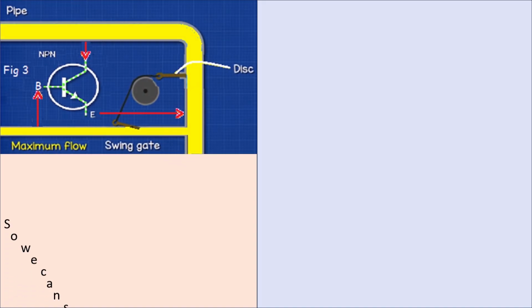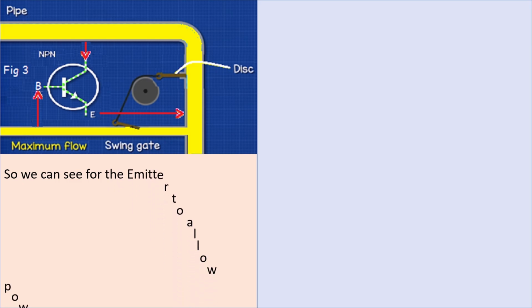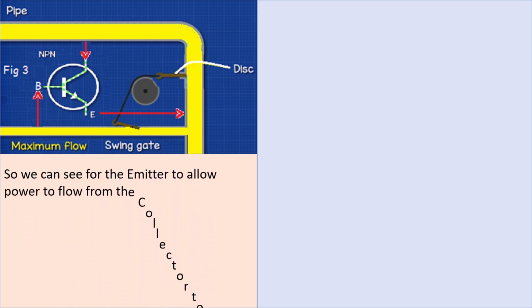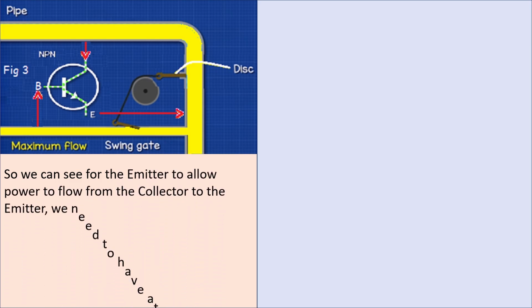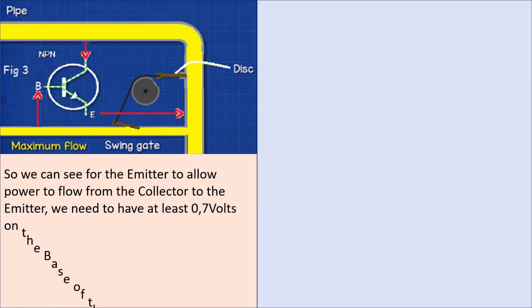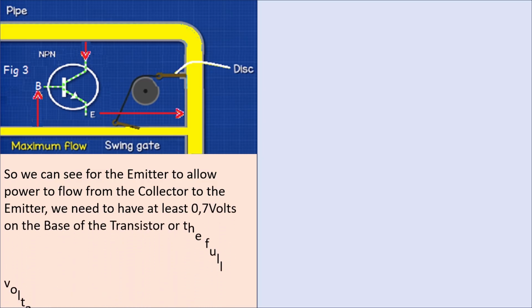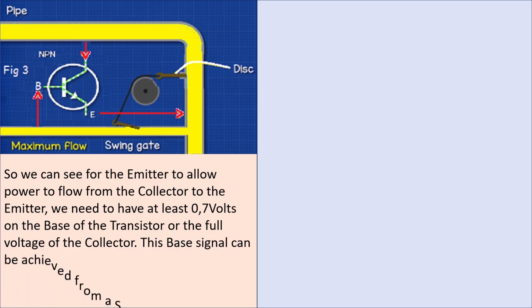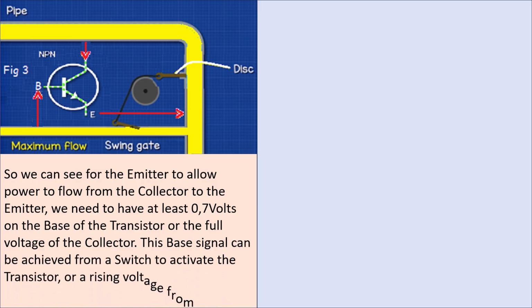So we can see for the emitter to allow power to flow from the collector to the emitter, we need to have at least 0.7 volts on the base of the transistor or the full voltage of the collector. This base signal can be achieved from a switch to activate the transistor or a rise in voltage from something like a solar panel.